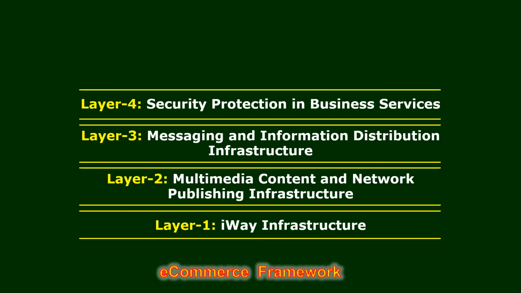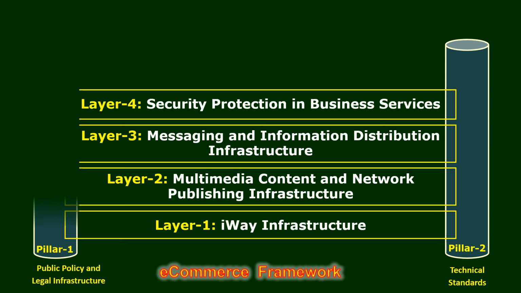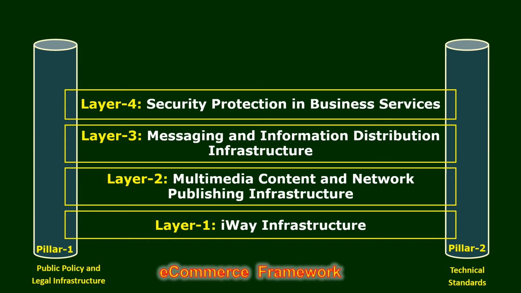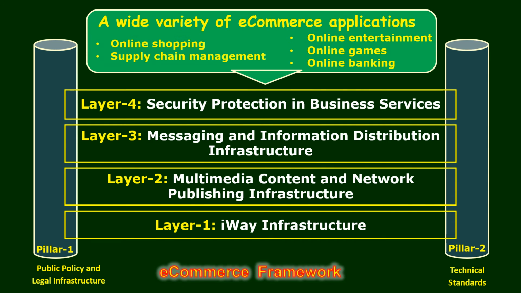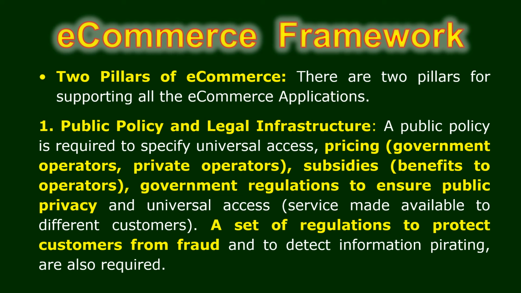So now we looked at all the four layers that are forming the e-commerce framework. Now we need to understand the two pillars of the e-commerce framework. The first pillar is public policy and legal infrastructure. A public policy is required to specify universal access, pricing, that is, what is the pricing of government operators and what is the pricing of private operators.